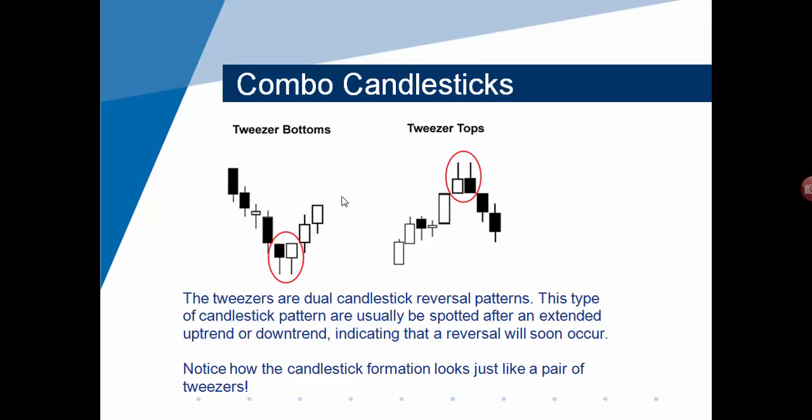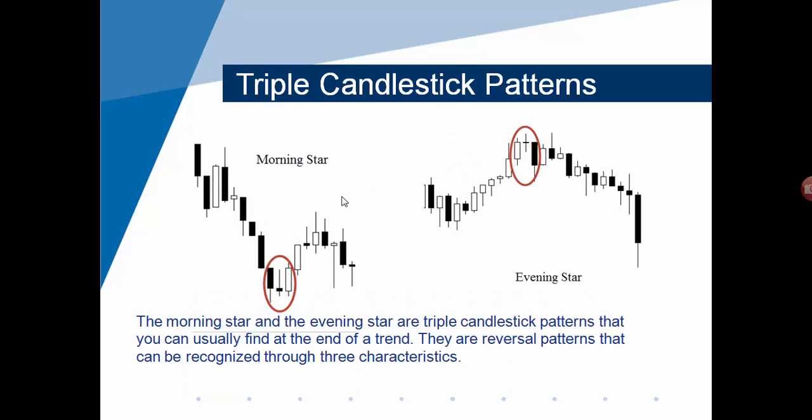Now, another favorite pattern of mine are the morning star and evening star patterns. And they're quite easy to recognize because what we're seeing is an actual turning point in the market with these three candlesticks. So the morning star and evening star patterns are triple candlestick patterns that you can easily find at the end of a trend, whether it's an uptrend or a downtrend.